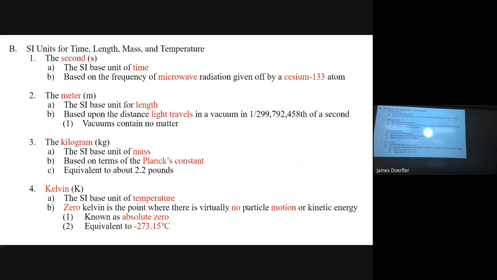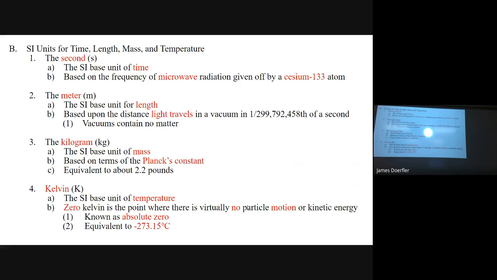Next, we have the meter. This is the SI base unit for length. Again, you're going to learn all sorts of interesting trivia today. The meter is based upon the distance that light travels in a vacuum in 1/299,792,458 of a second.